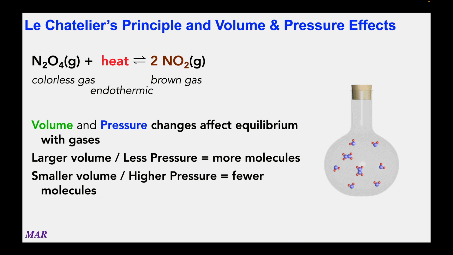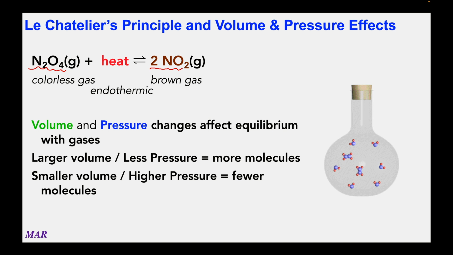If your chemical reaction involves all gases, it's very important to think about the relative numbers of gas molecules on each side. So for the N2O4 going to NO2, you've got one molecule of N2O4 going to two molecules of NO2. So there's more gas on the product side than on the reactant side.